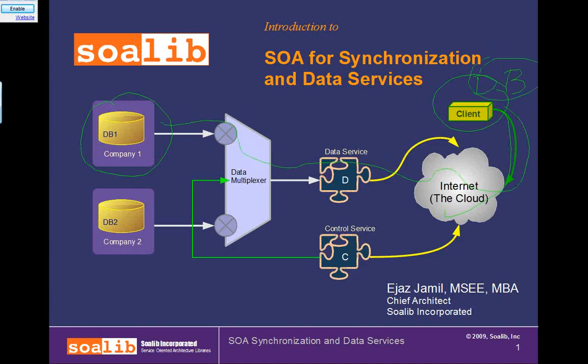So what the synchronization service does is periodically synchronize the company 1 database to a client's database. Similarly, if the client chooses database 2, the data from company 2 will come and synchronize data on the client. So that's a synchronization service.